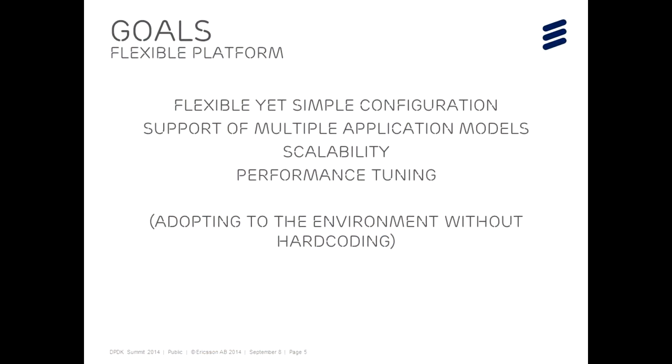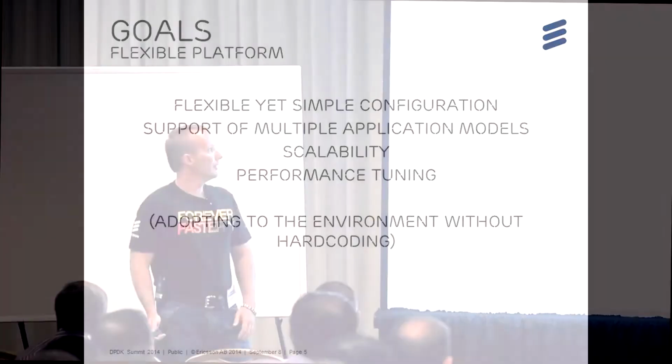Multiple application model. It means that we're processing packets. And by examining what happens, just doing some profiling job with the packets, it turns out that some applications require different types of resources, and they have different types of bottlenecks on the very same hardware. And with just simple configuration, we wanted to support multiple different types of applications.